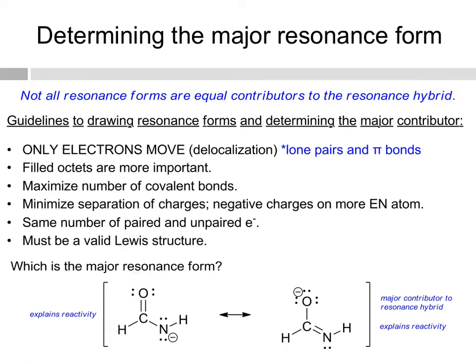This one is telling us which site is actually more reactive. And so when you go later on into the course, you will come across nitrogen. And when nitrogen has a negative charge, you will notice that it is going to be more reactive than oxygen having a negative charge. That's the importance of being able to draw the minor resonance forms as well as the major resonance form.